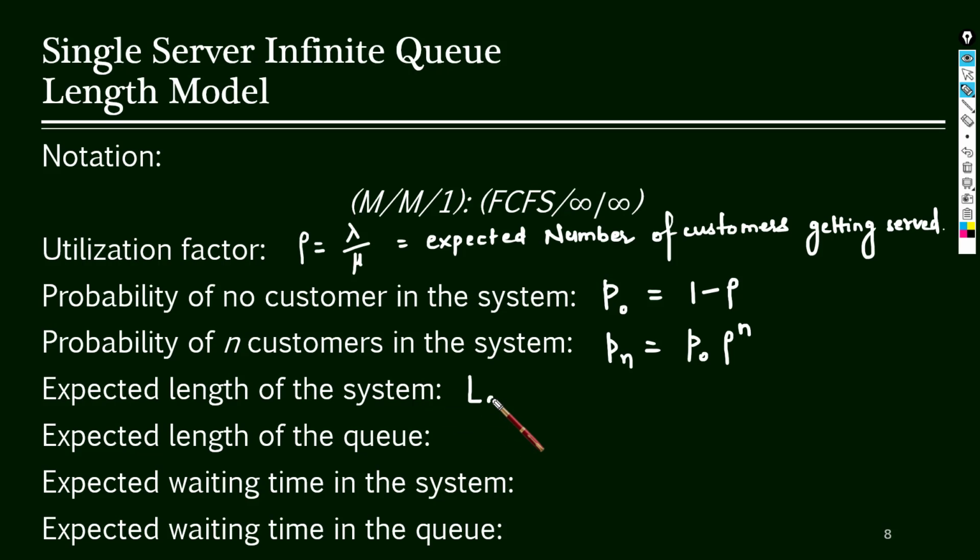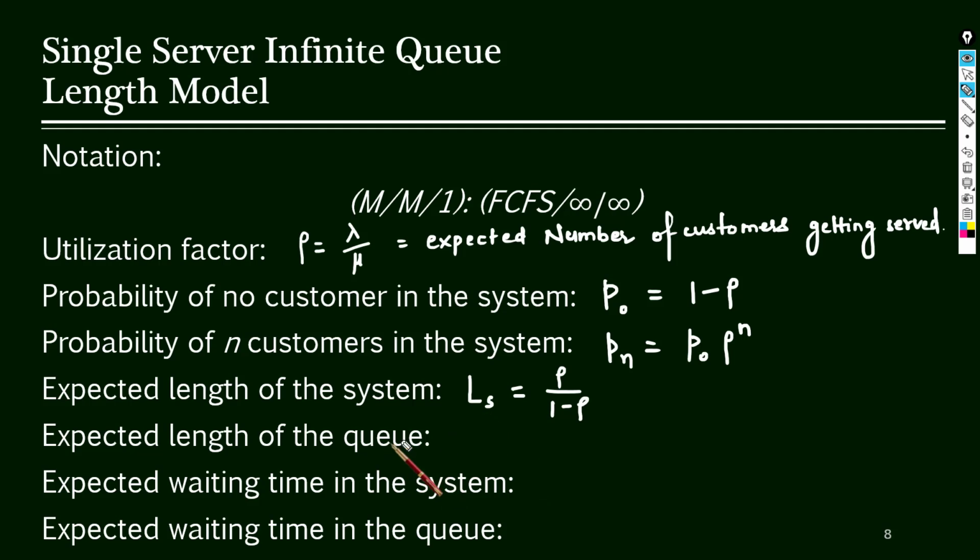Now the expected length of the system, LS, is given by the expression which we got: rho upon 1 minus rho. Clear? And the expected length of Q. You just have to remember the LS expression: LS is equal to rho by 1 minus rho. And the expected length of Q, LQ, you can calculate from LS.